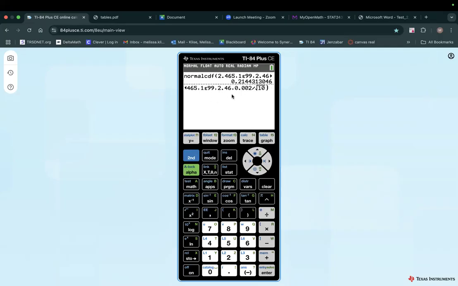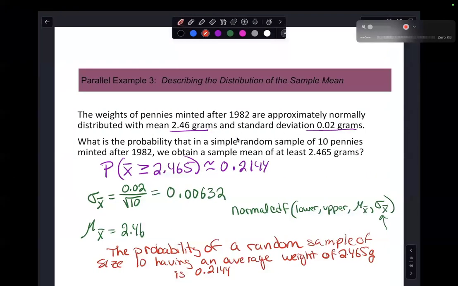I put too many zeros, so let me delete one of these zeros. The reason the answer is a little bit different is because I didn't round. When you put the math in there, you don't round, and it's still perfectly fine. But it's the same answer. All right, let's move on.